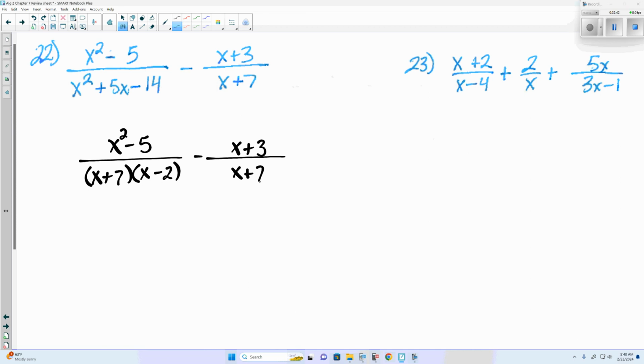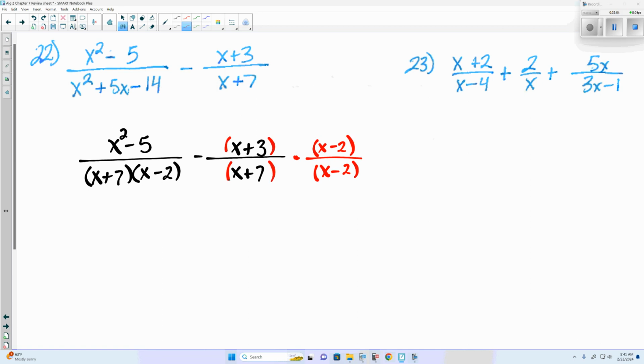Now we need these denominators to be the same. Now they both already have an x plus 7, yes? But the one on the right is missing an x minus 2. So we have to multiply the one on the right by x minus 2 on top and bottom.